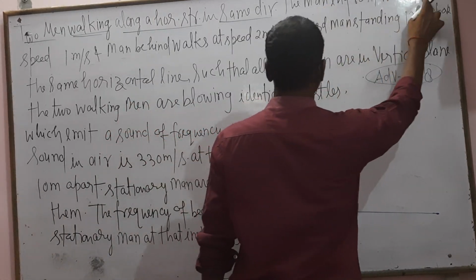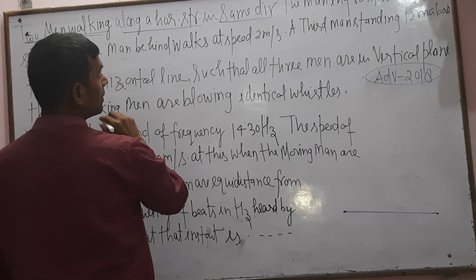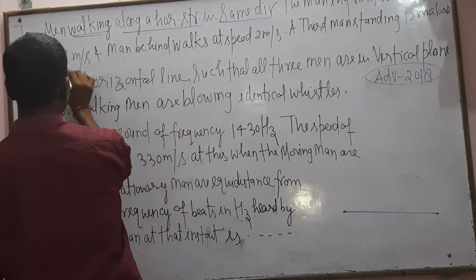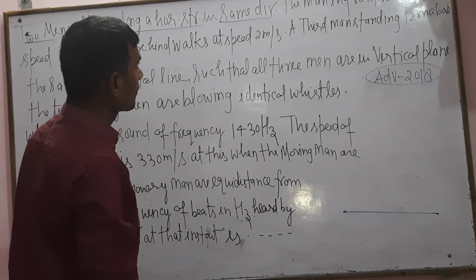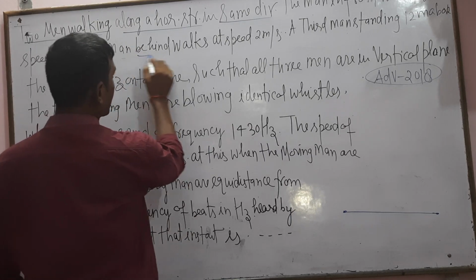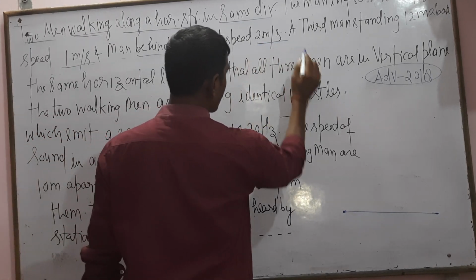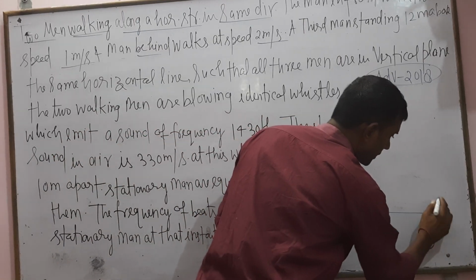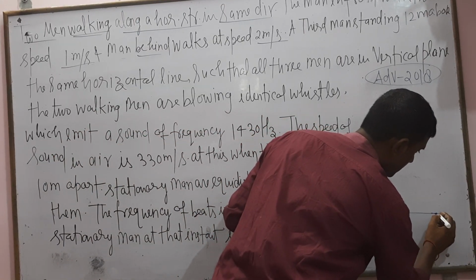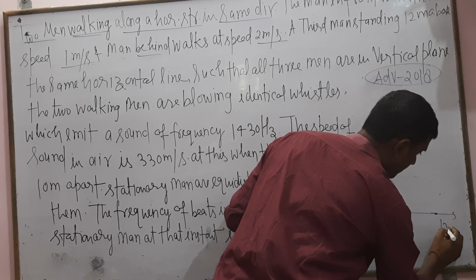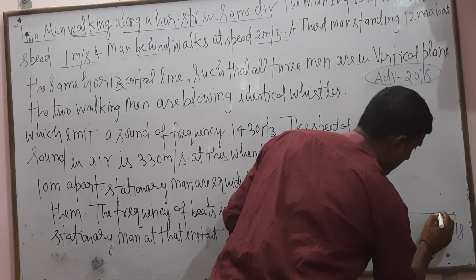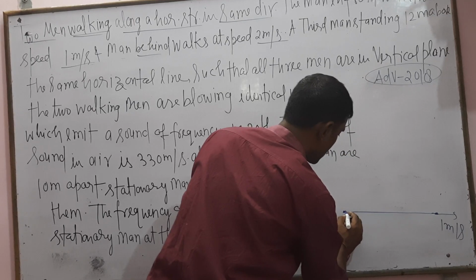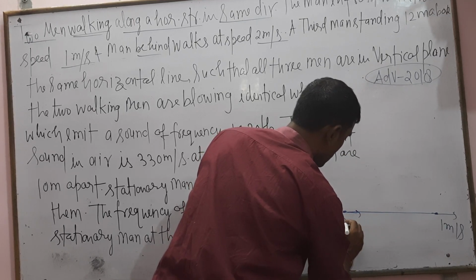The man in front walks at a speed of 1 meter per second, and the man behind walks at a speed of 2 meter per second.